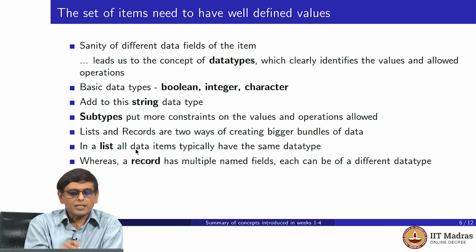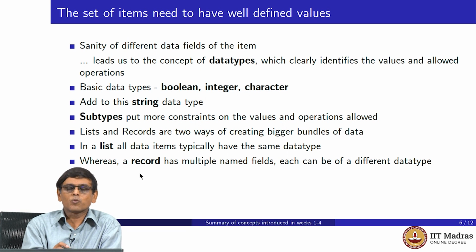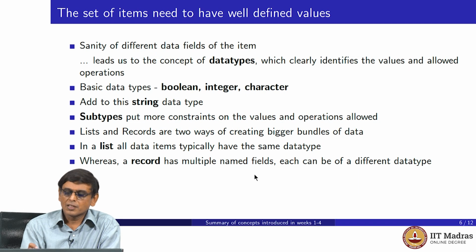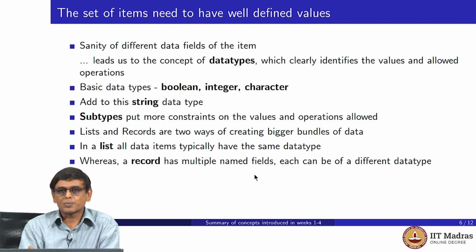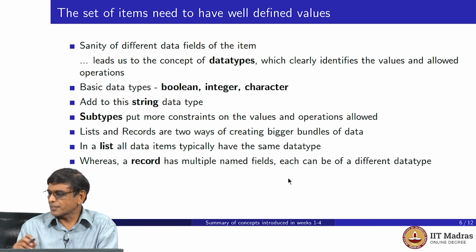And that is called a list. And a record basically is like what you see on a card typically. So, that is called a record. It has multiple named fields, each field possibly a different data type. So, for example, the marks card had several marks, it had a name of a student, date of birth of the student and things like that.